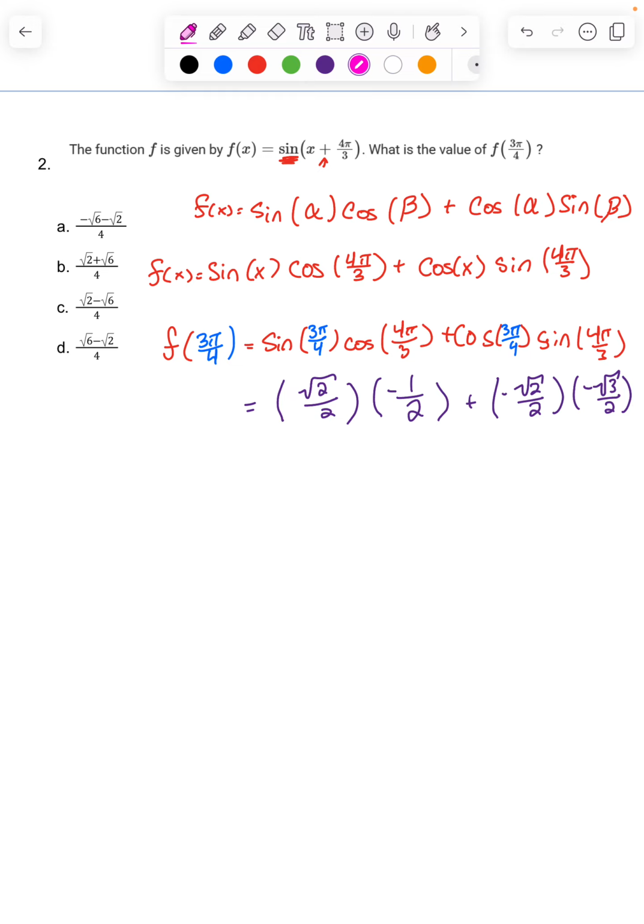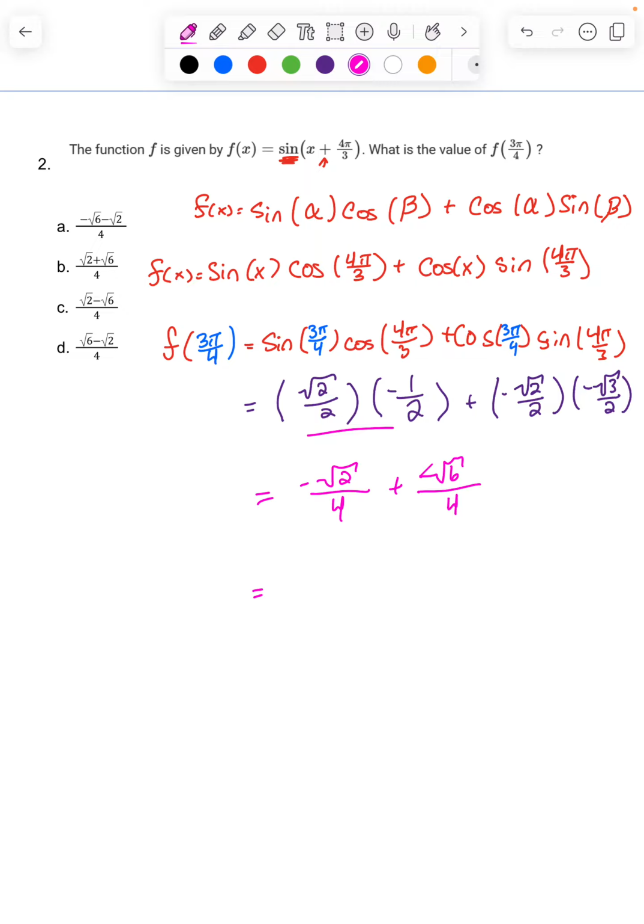Now we're going to simplify a little bit more. To simplify these fractions, square root of 2 times negative 1 is negative square root of 2, all over 2 times 2, which is 4. Plus negative square root of 2 times negative square root of 3 becomes positive square root of 2 times 3, which is 6, all over 2 times 2, which is 4.